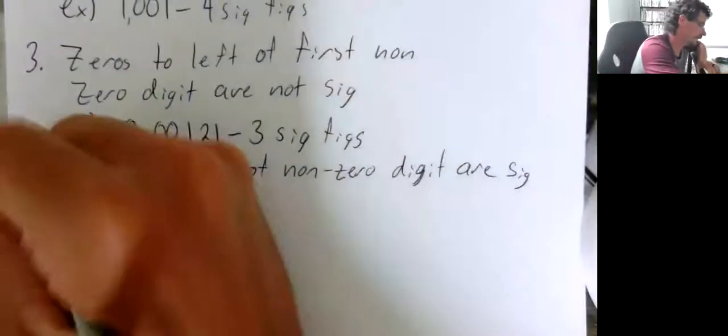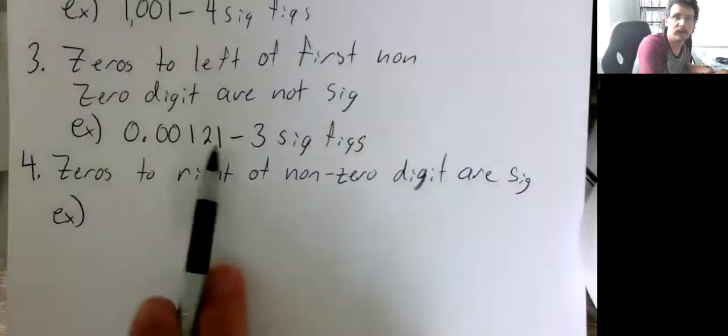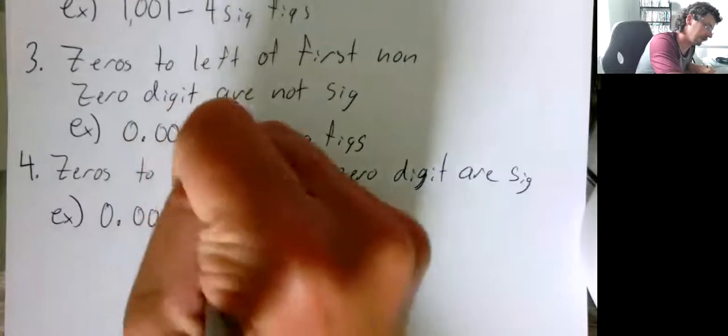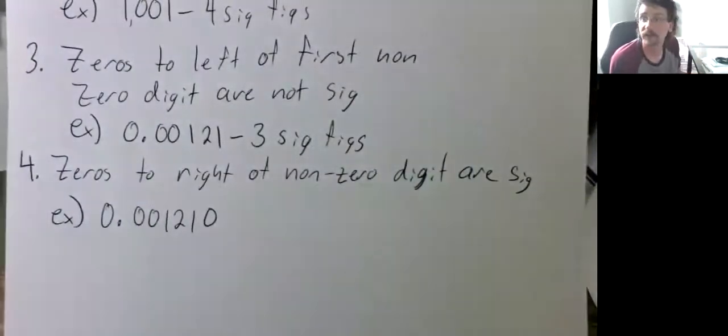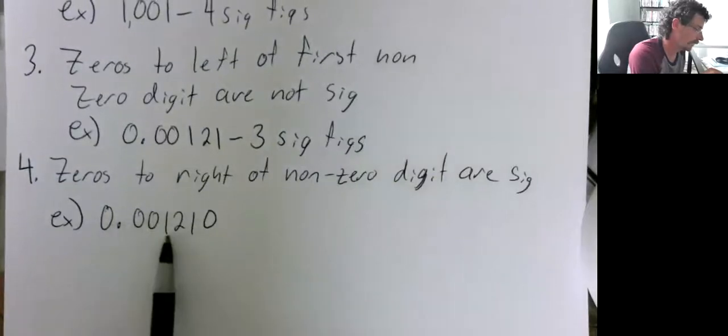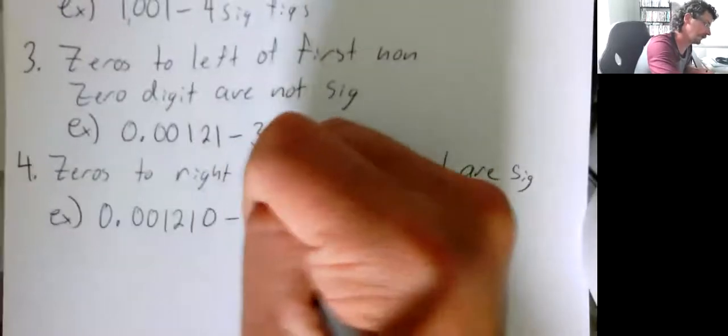So we're going to work off of our last example. Let's say we had this number, but we tacked on an additional 0 on the end. Now, if we consider the number of significant figures, these ones don't count. However, all of these digits do. So this number would have 4 sig figs.